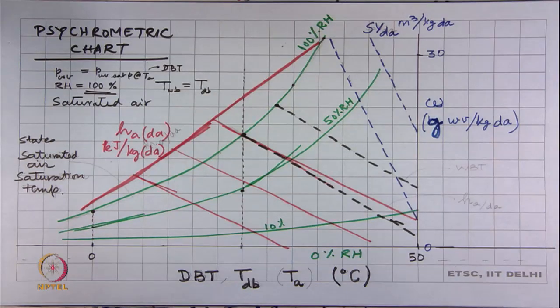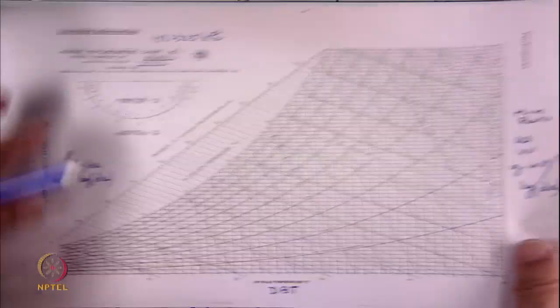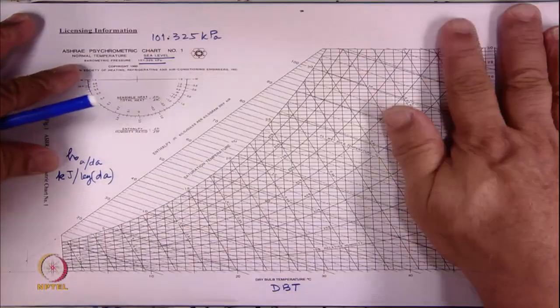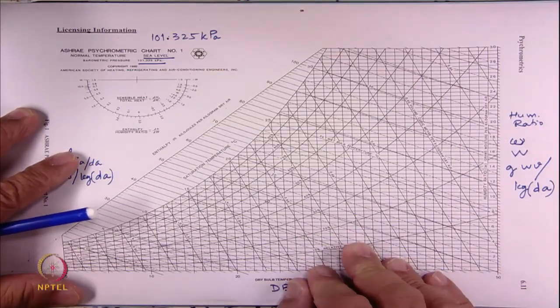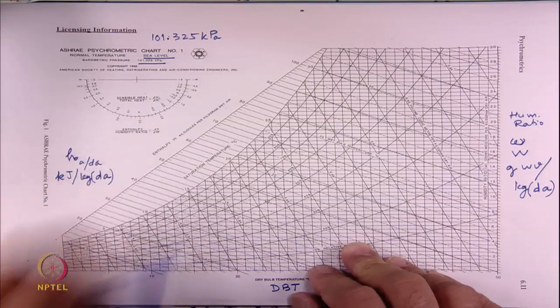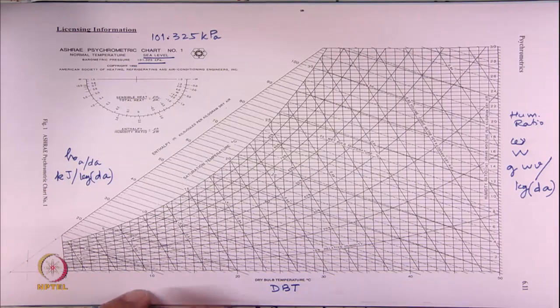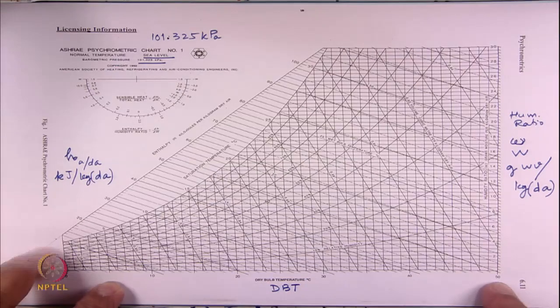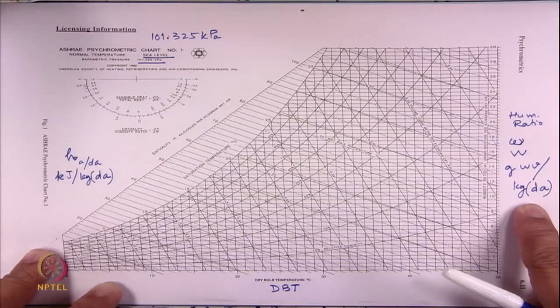So, we know all the equations from which we got this. Using the equations, we can make our own computer programs if we need be, or we can use that in some other calculation, or then we can go back to the chart which has been created by using those equations and use this directly from the plot. Now, let us look at some typical numbers that we are looking at, starting with DBT. Of course, we said 0 to 50 degrees Celsius, humidity ratio 0 to 30 grams per kilogram of dry air.